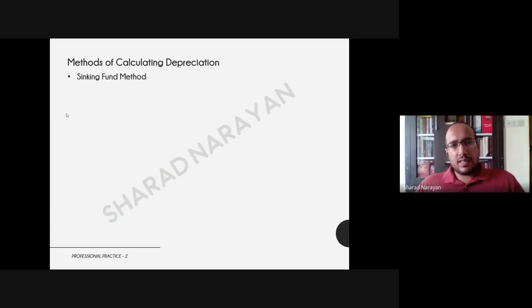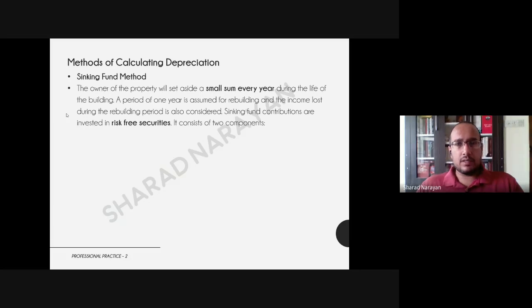The second method of calculating depreciation is by using the sinking fund method. The owner of a particular property sets aside a small sum every year during the life of the building, and assumes a period of 1 year for rebuilding, during which a certain amount of income is lost.